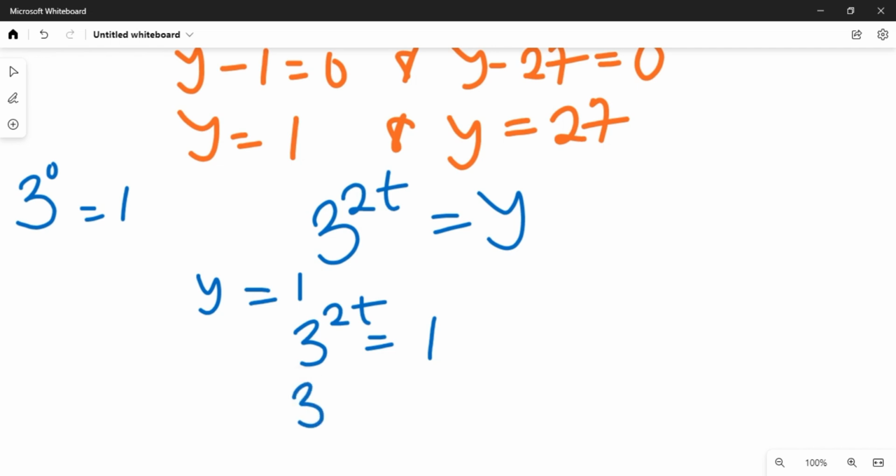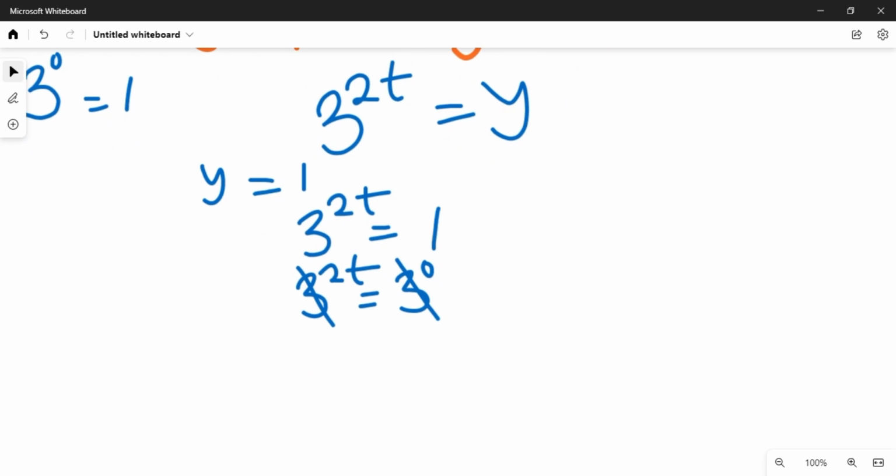We'll have our 3 raised to power 2t to be equal to 3 raised to power 0, which is still equal to 1. So we have a common base, and we clear the common base, and then we'll be left with the powers. So our 2t will be equal to 0, and then our t will be equal to 0 divided by 2, which is equal to 0.